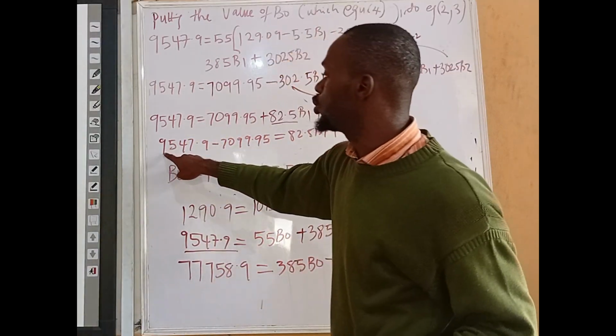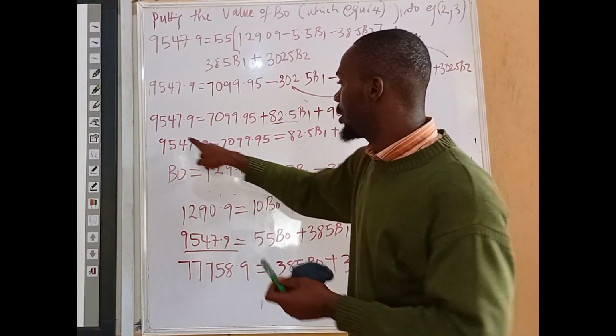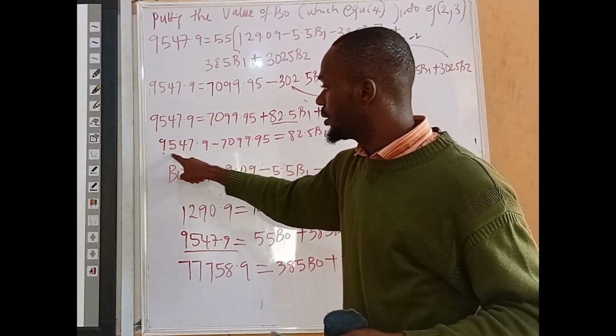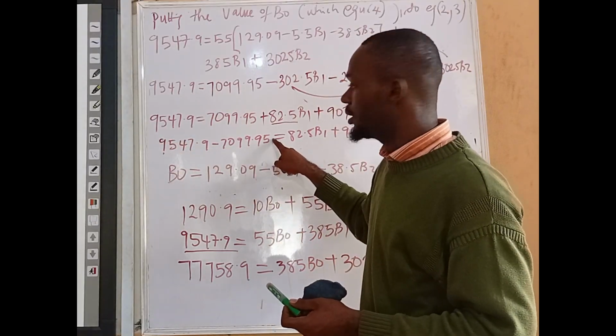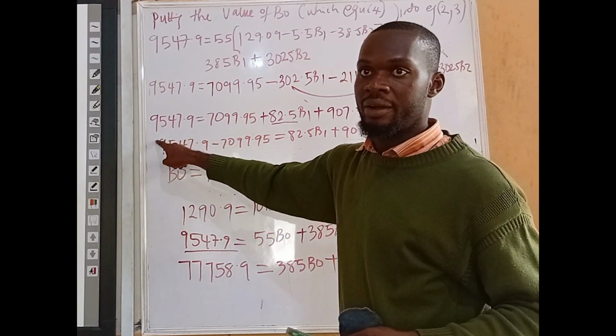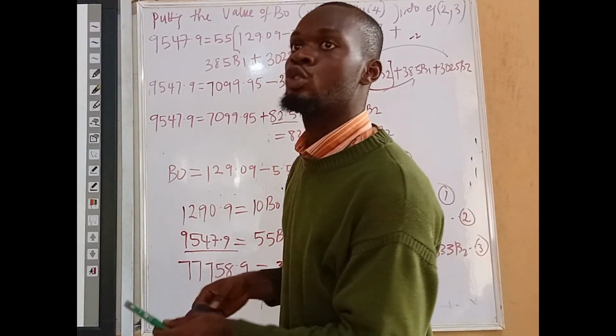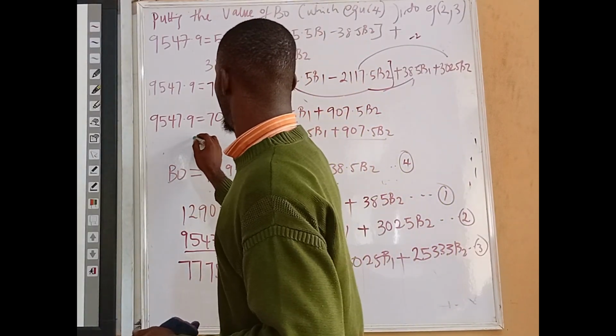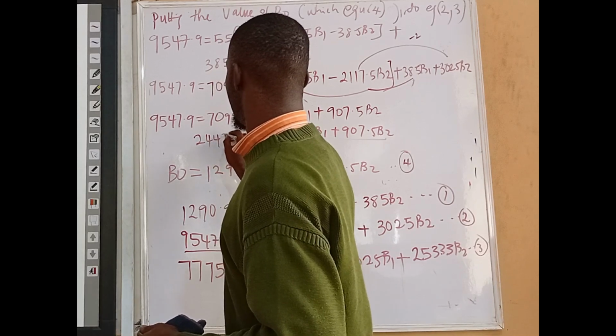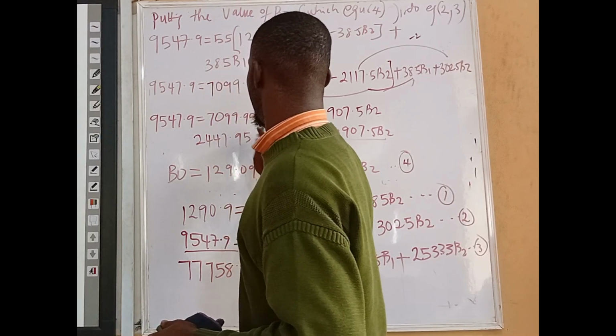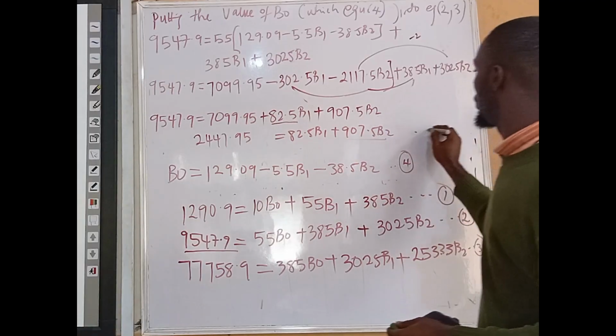So this will give us 2447.95. So let's call this equation A.